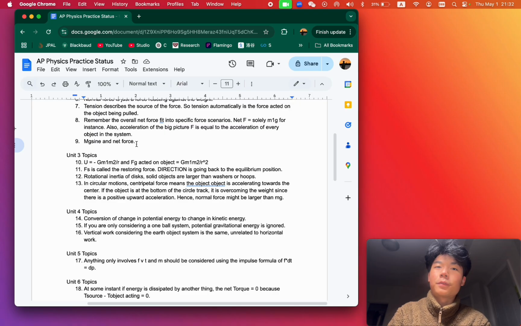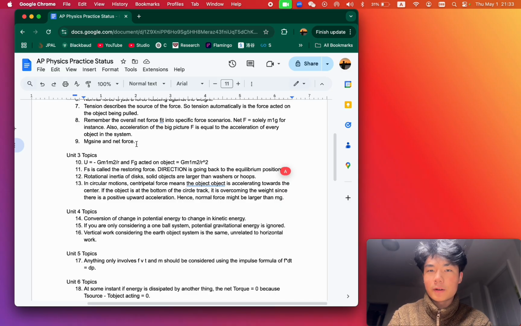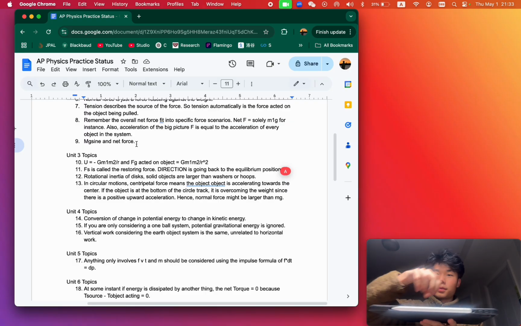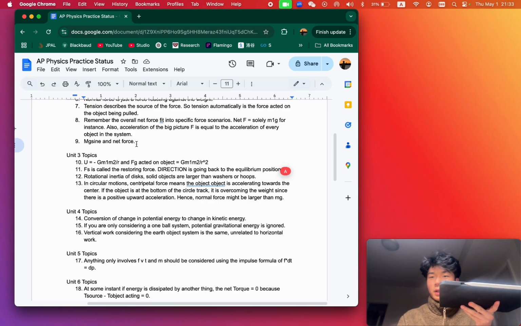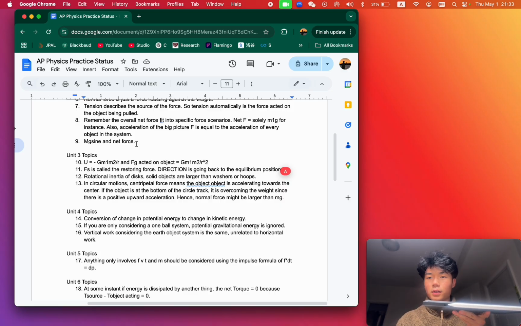Remember the overall net force. It also fits in specific force scenarios. For instance, when you have a net force of mg, like in these table problems, when there are several objects but you have something over here, that mg applies to all of your objects because this is the only source, and the acceleration is the same because there is only one source of energy.